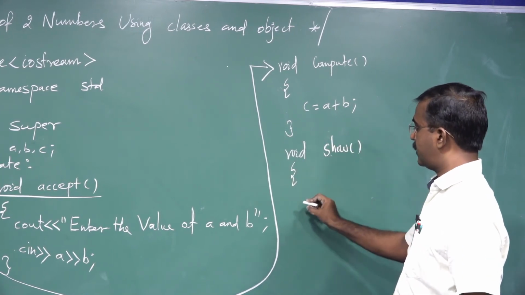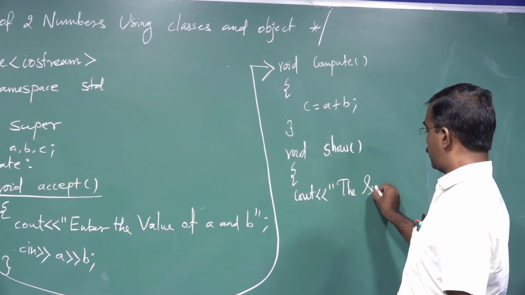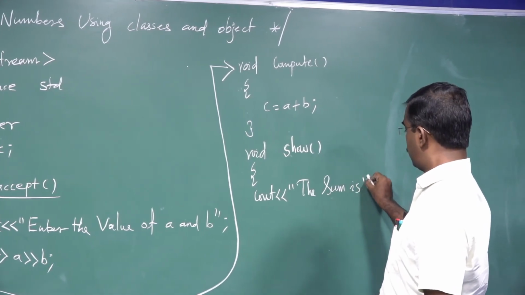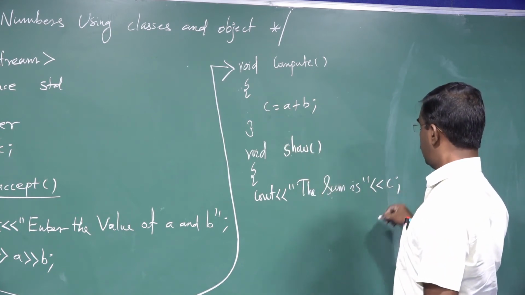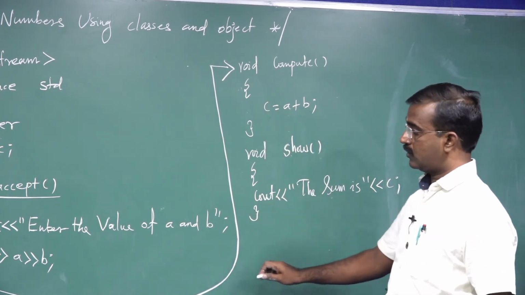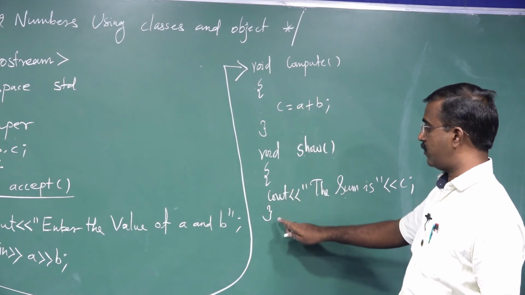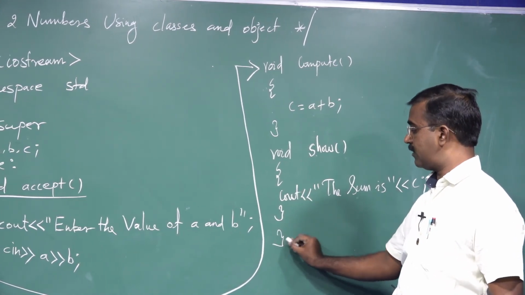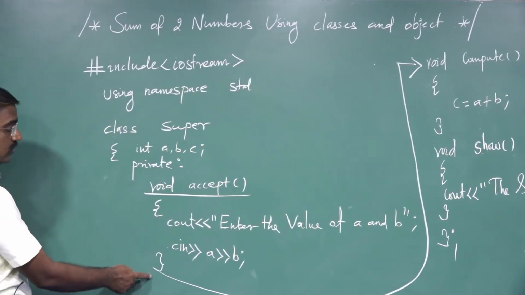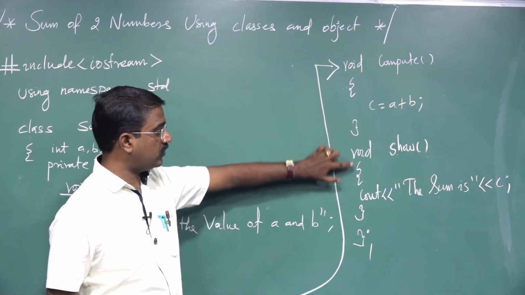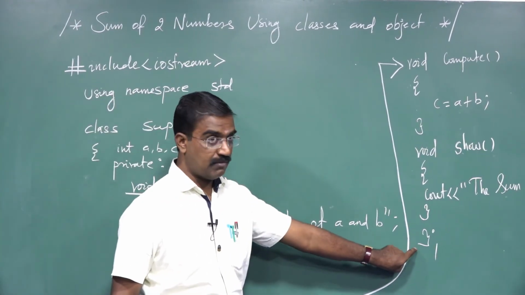Cout: the sum is, A plus B assigned to variable C. In this process open and close, here also open and close, but the class body should be terminated by semicolon.